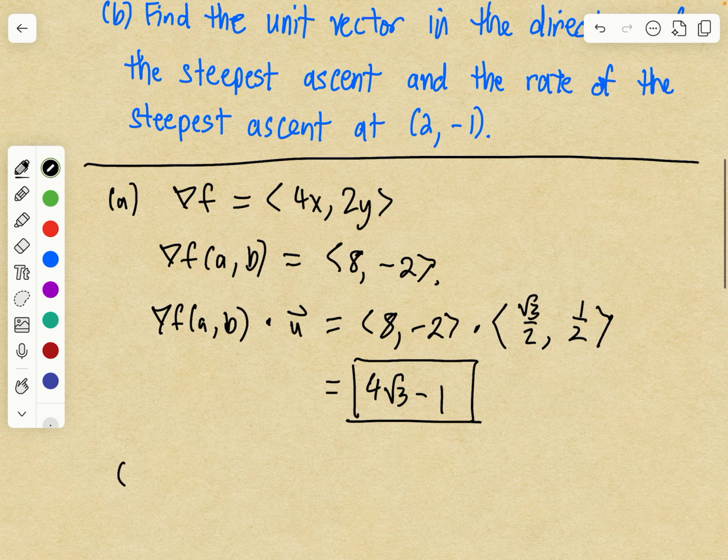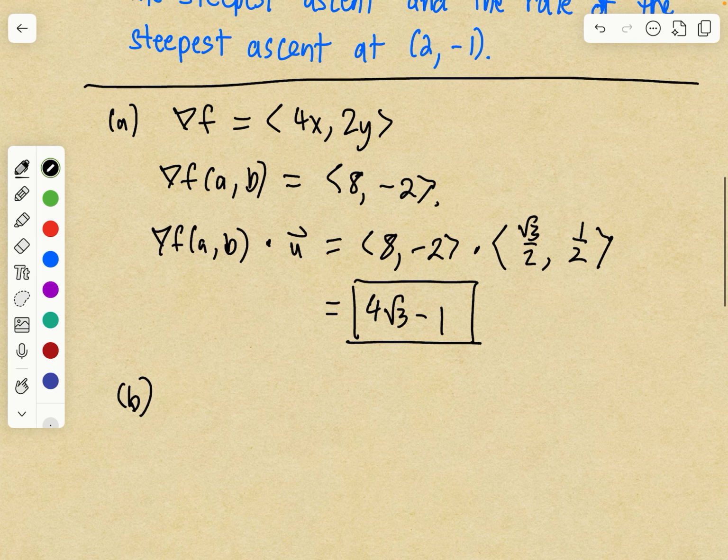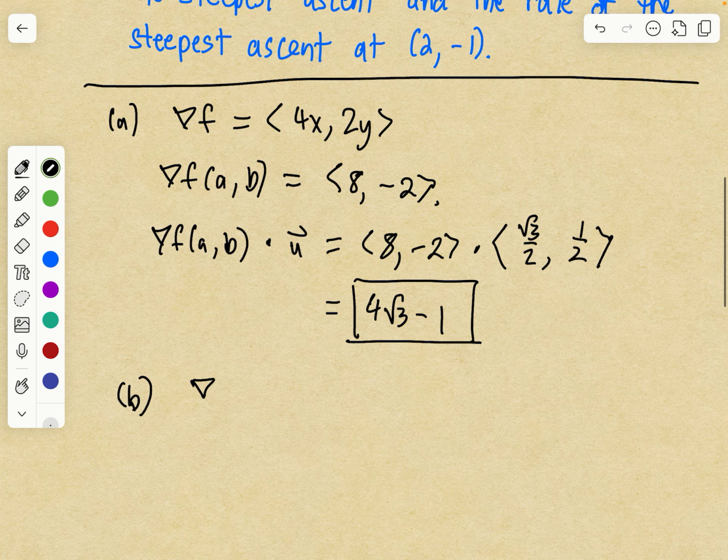And then part B says find a unit vector in the direction of the steepest ascent. Well, that's just the gradient, right? That's just the gradient except normalized so that you have the unit vector. So it's going to be this vector divided by the length of the vector.